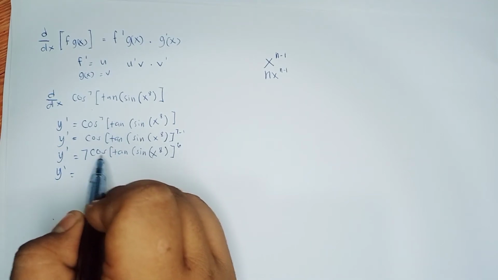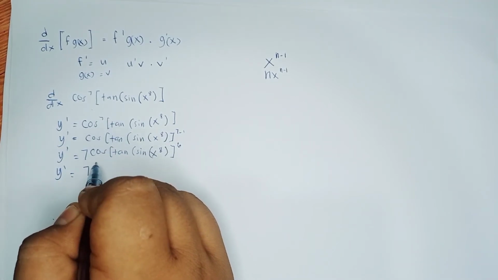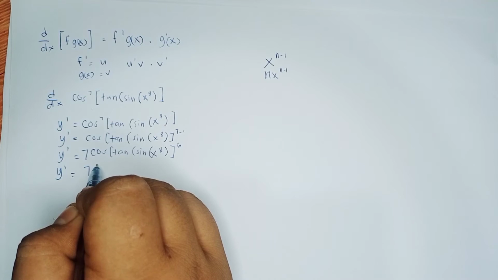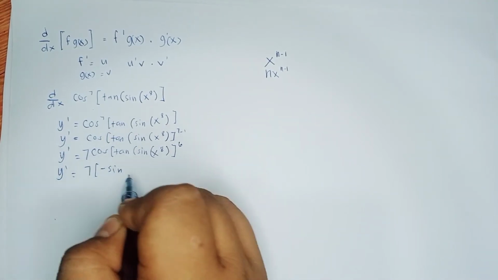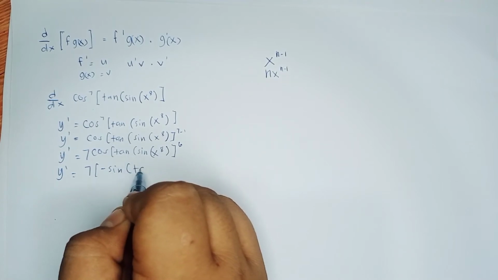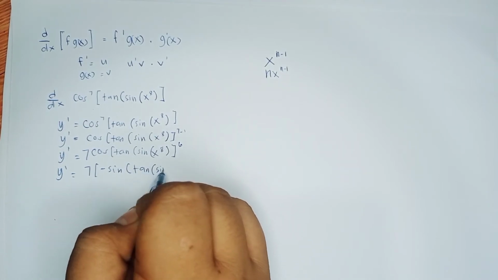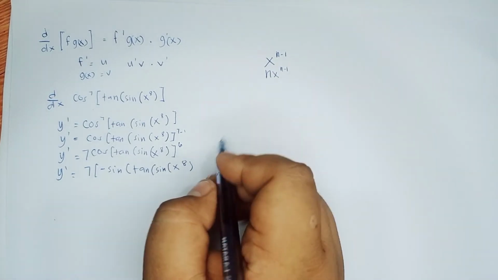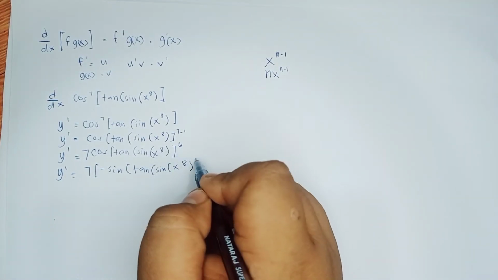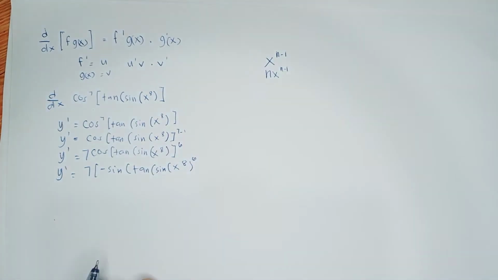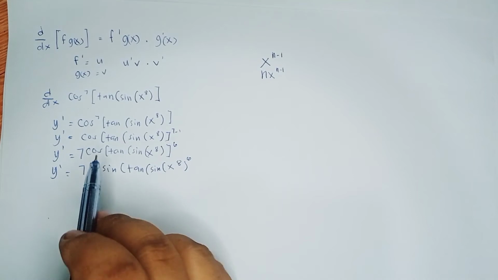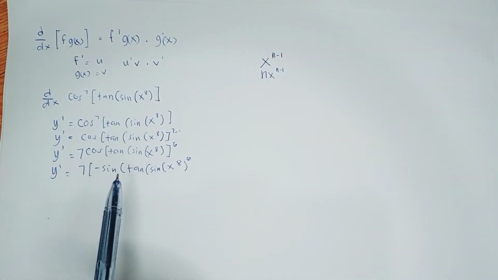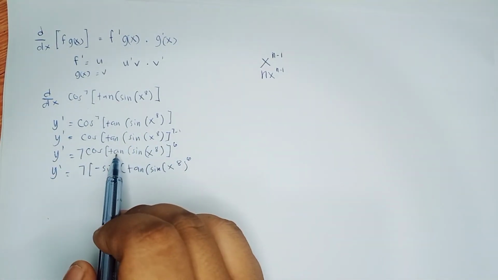y prime is equal to the derivative of cosine, which is a negative sign, then copy the tan, copy the sine, and the x raised to 8, and also the exponent. Now let's go to the second term, or the inside.